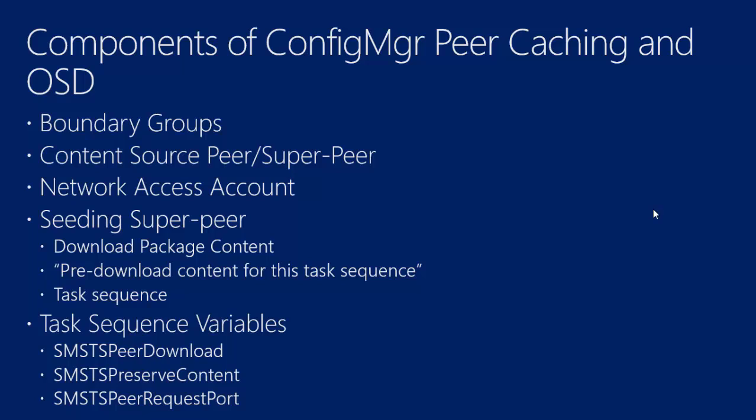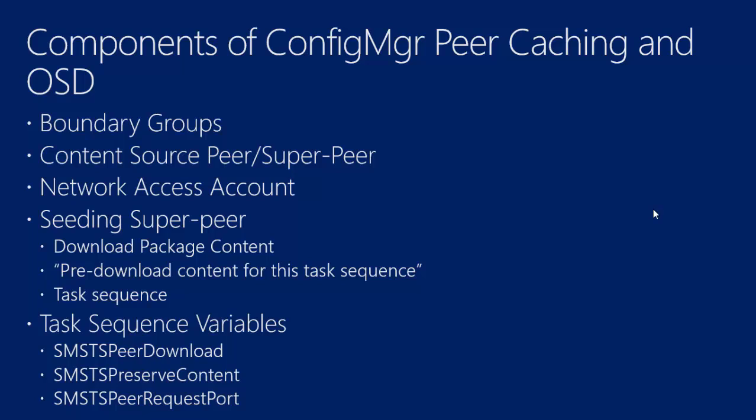You can even have multiple download package content steps and execute which one you want by conditionals if you want to, right? This step is absolutely not a requirement for task sequences to leverage a peer for retrieving content.